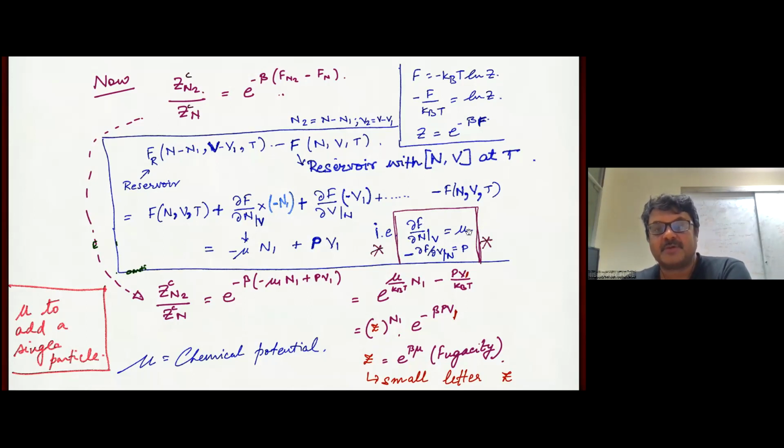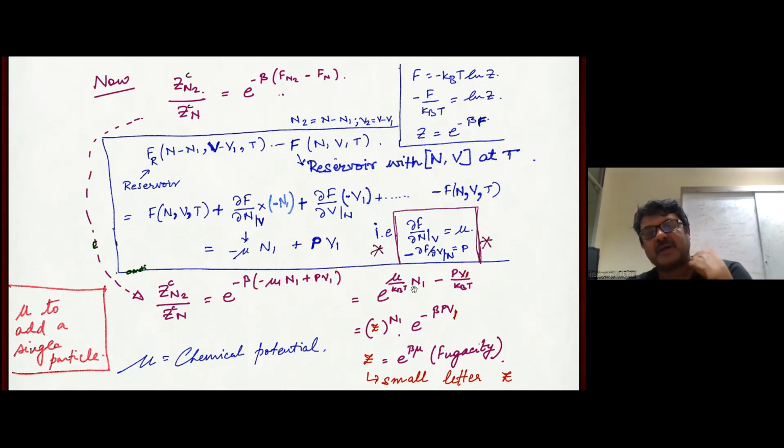So this is the chemical potential and this is pressure, and hence this term, Z canonical with N2 particles in the reservoir, becomes e to the power minus beta, and this difference in energy can be written as minus mu N1 plus P V1.